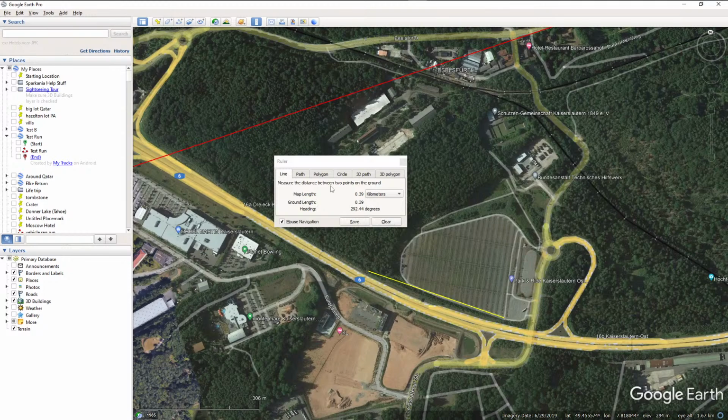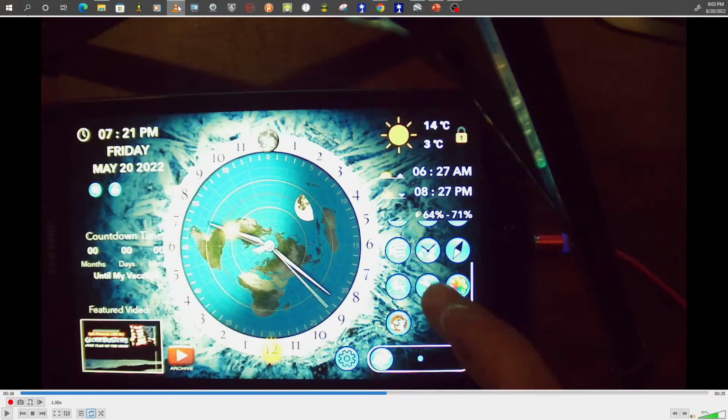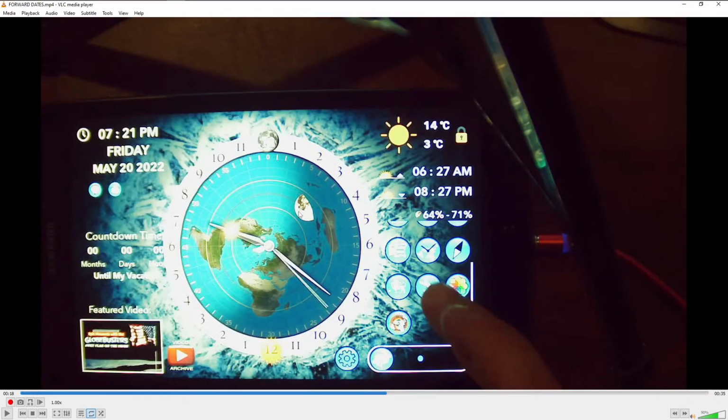Now, according to Dave's app, and you can be as generous with this as you want to, the sun from my location here in Germany should be approximately 314 degrees at 7:20 p.m.